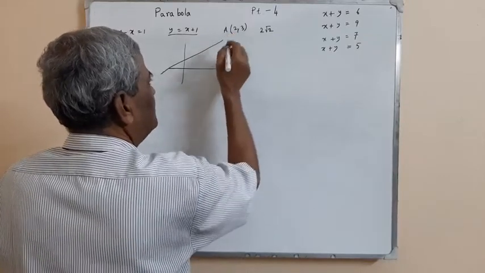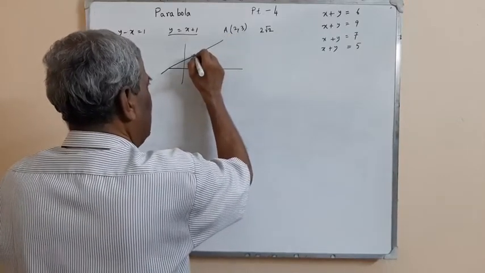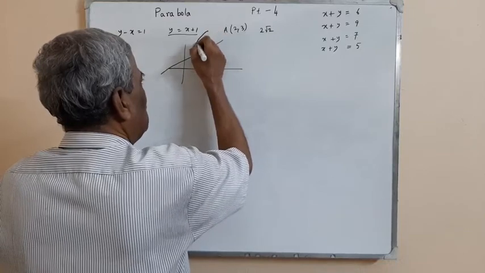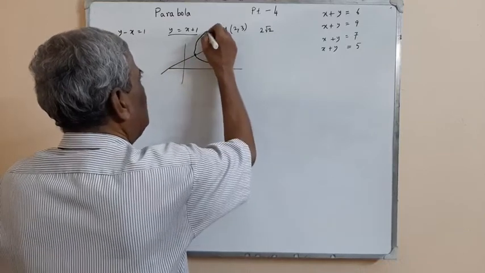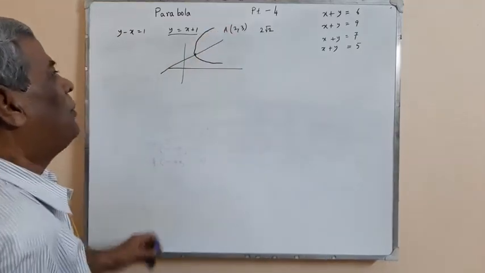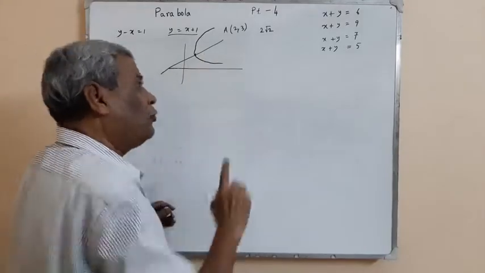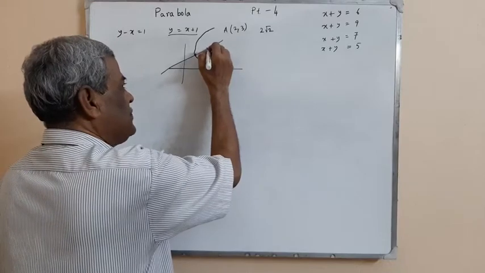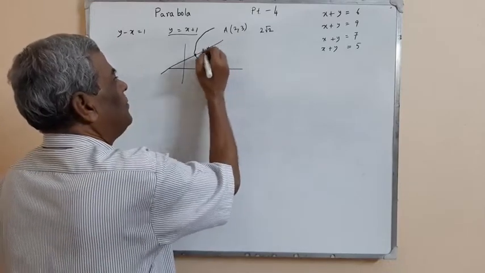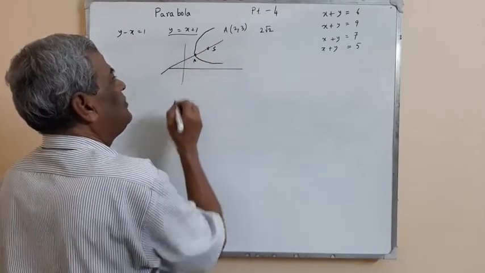A is the vertex 2, 3. This is SA. So this is the parabola. Focus S is above, since the vertex is below the focus. This is the vertex.